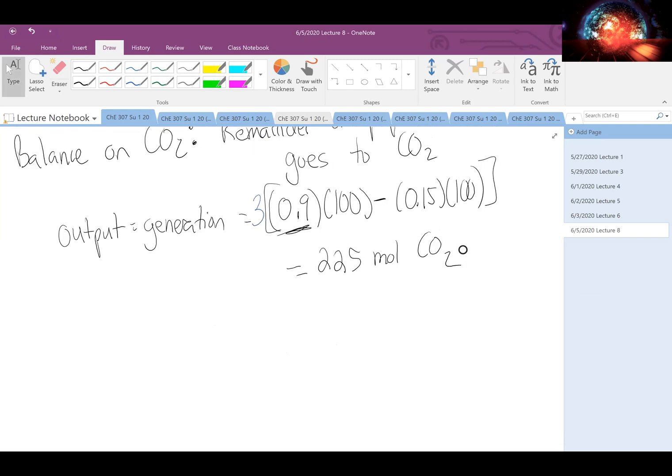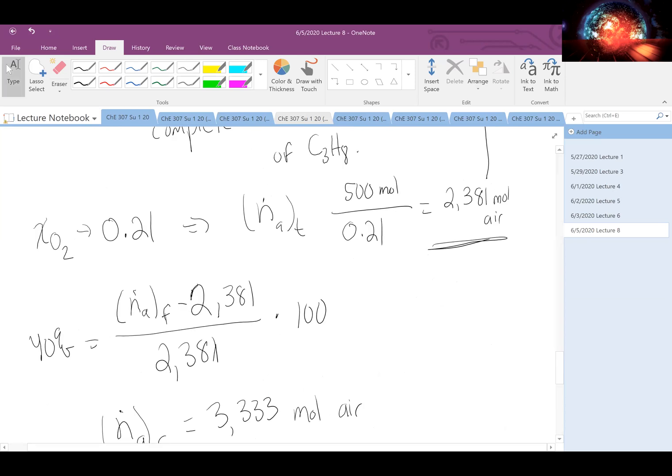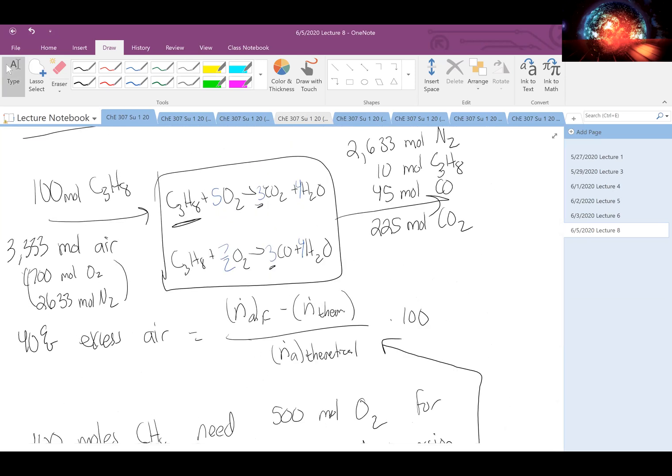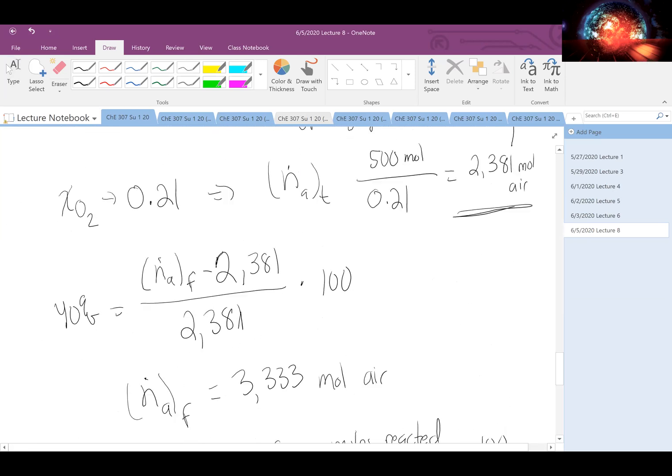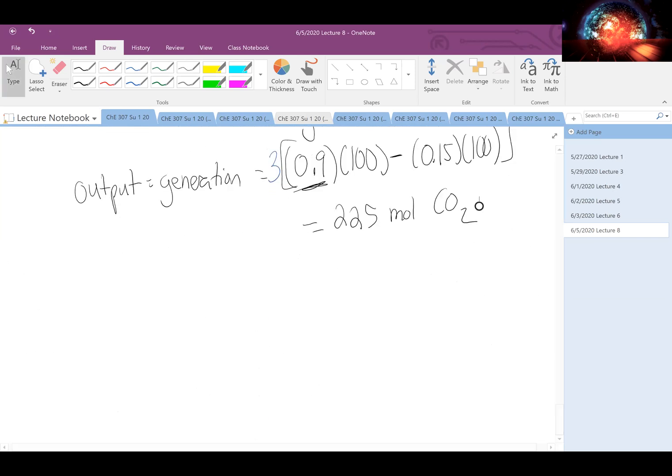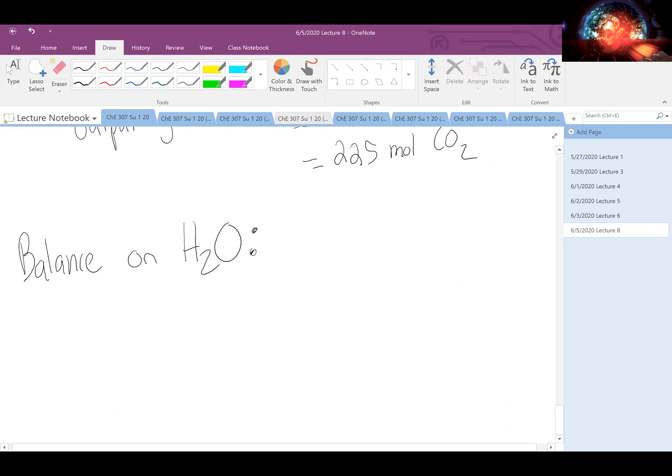All right, so now that we've got CO2 and CO figured out, we can look at the water generated. So let's look at a balance on H2O. Now, I have the same material balance. Output is equal to the generation because there's no water coming in, and both processes produce the same amount of water.